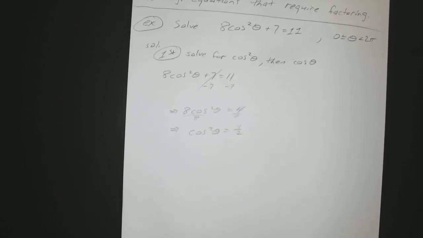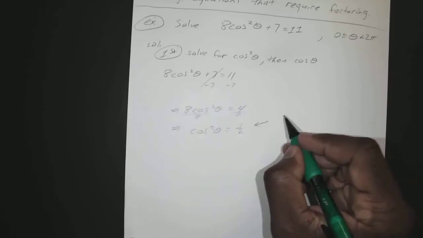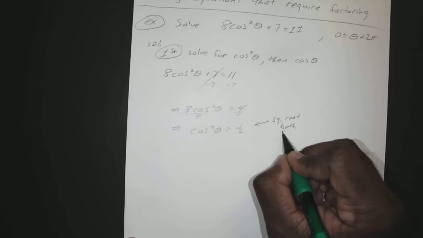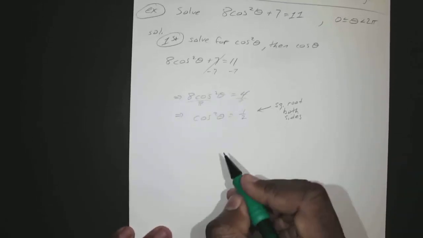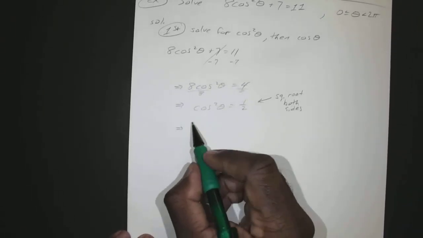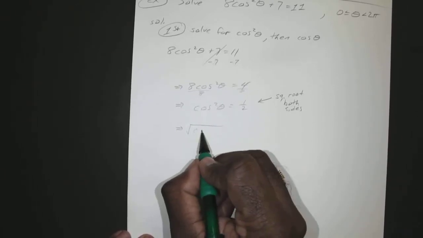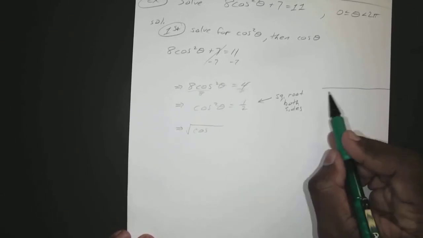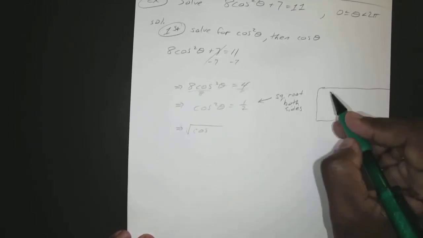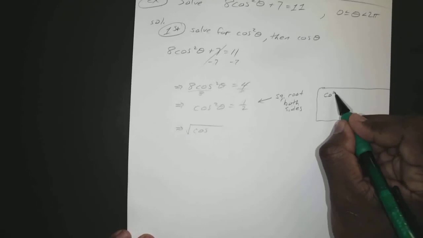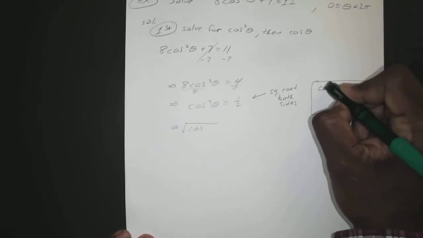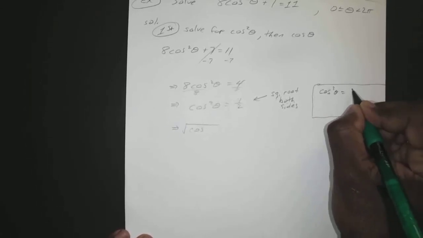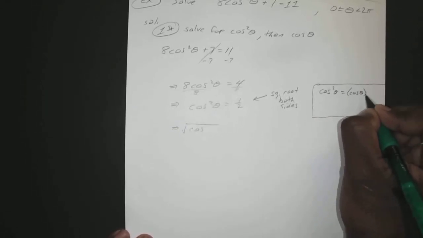Okay. So now if we square root both sides, remember, cosine squared theta is the same as cosine theta squared.